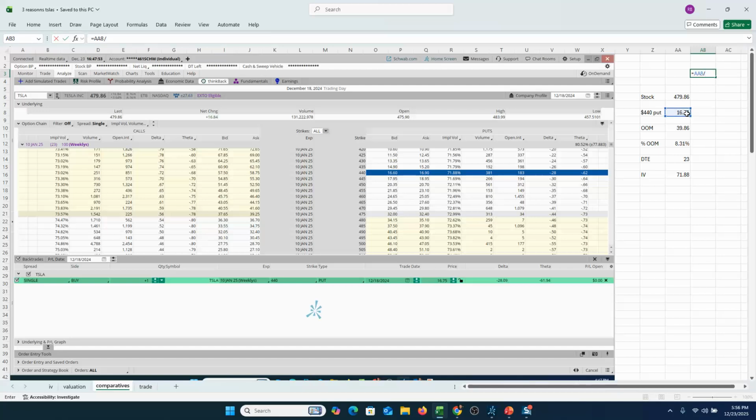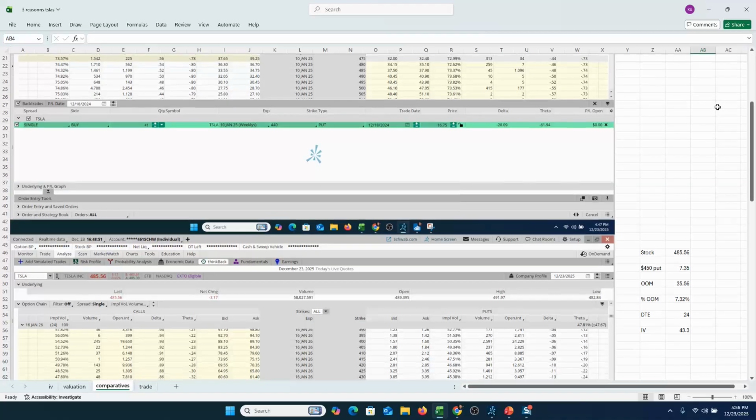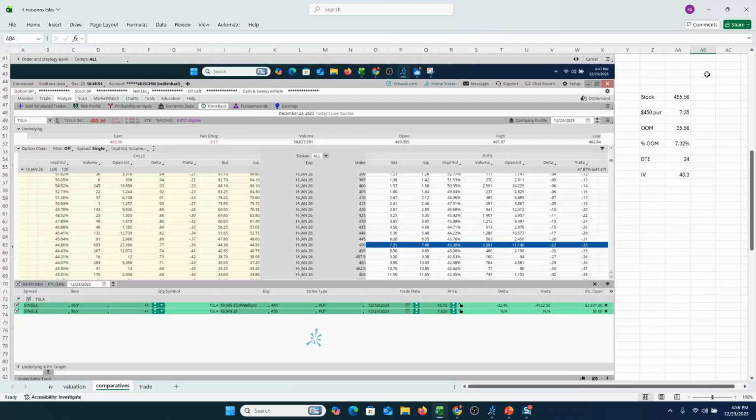Take the price of the option divided by the price of the stock, and it's roughly 3.5% of the stock price to get some downside coverage. Compare that to today. Simply take the price of that put, which is less out of the money, and divide it by the stock price, and it is only 1.5% that you have to pay to get better protection.